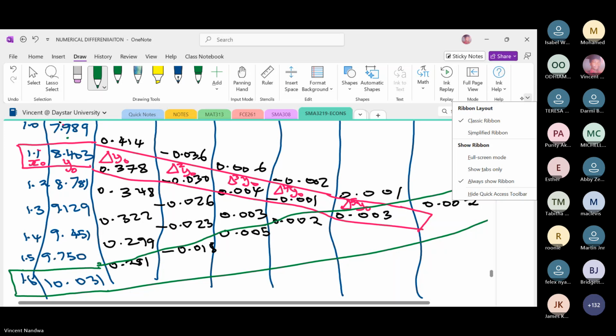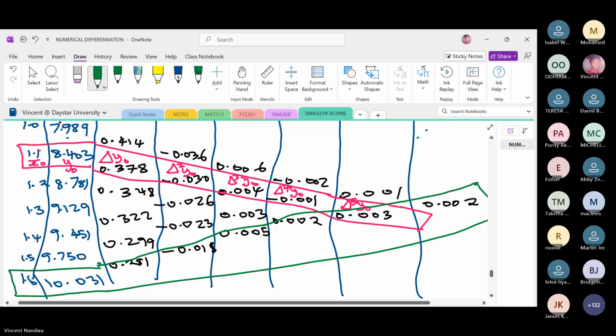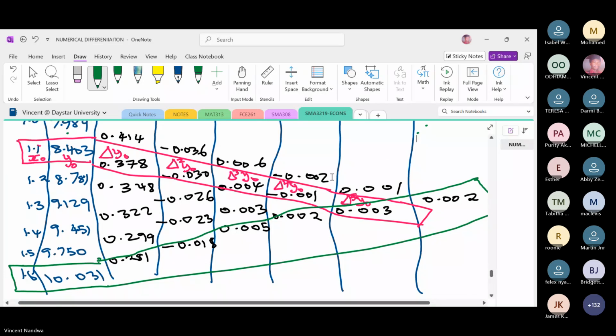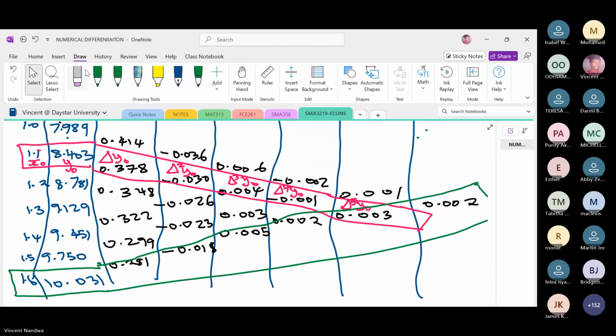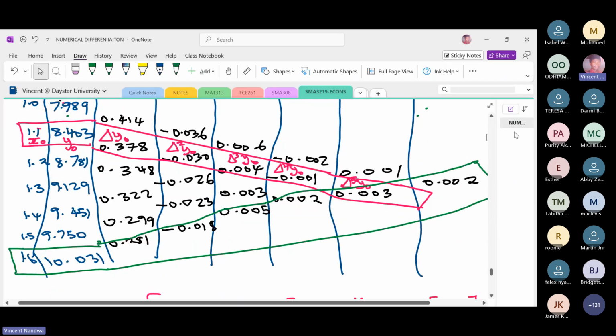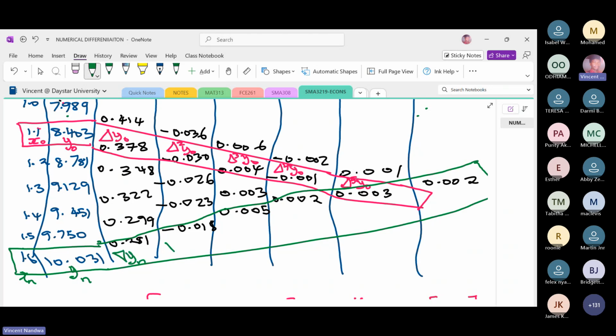With that, we now call 1.6 the reference point, which will be your xn, then this will be your yn, then this becomes backward of yn, second backward of yn, third backward of yn, fourth backward of yn, fifth backward of yn, then sixth backward of yn.